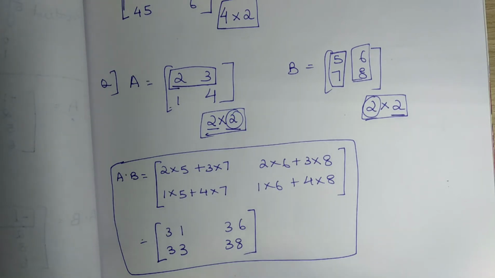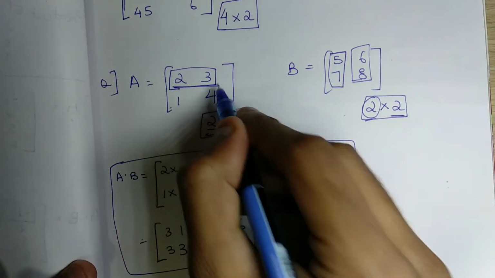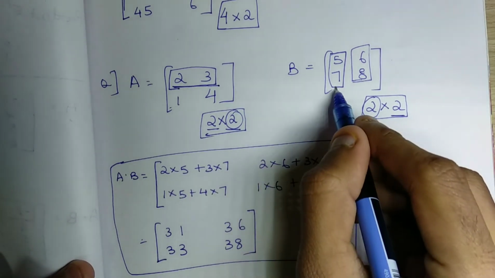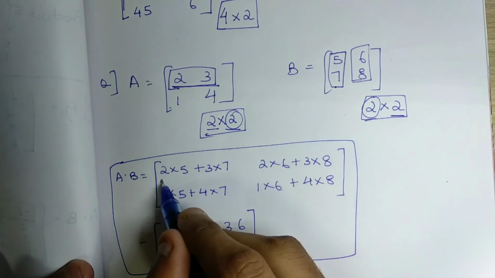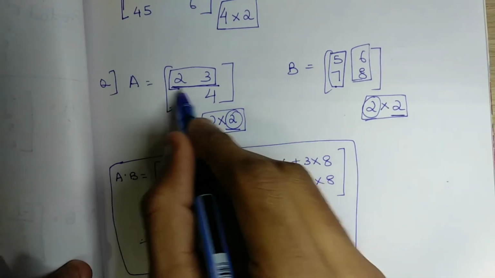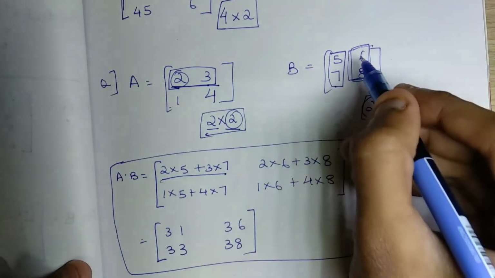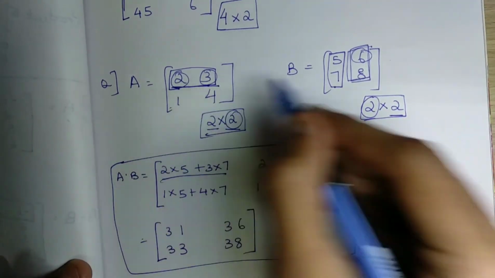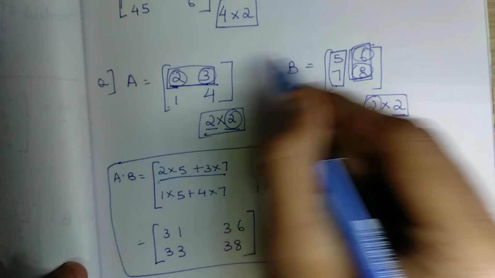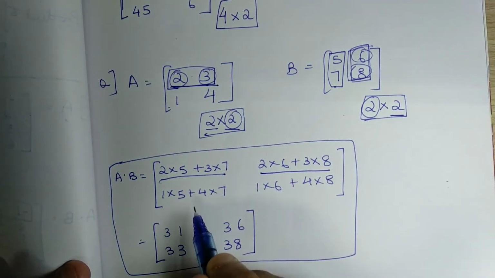This would give us the number we need to put in the corresponding positions, like first row, first column. We add them and we get the number to be put in the first position. First row, second column, we multiply and then add them, and we then get the number to put in the second position.